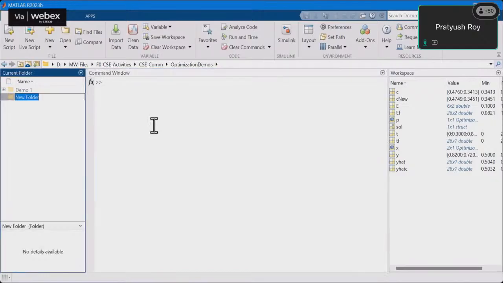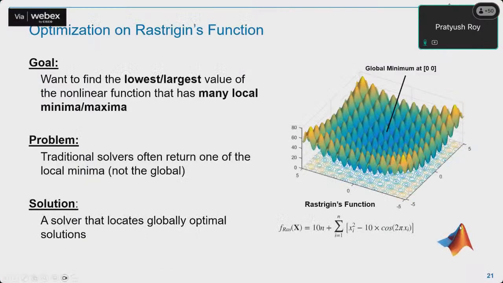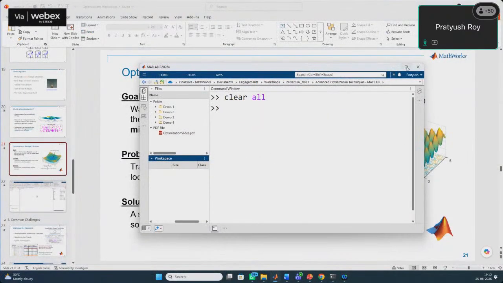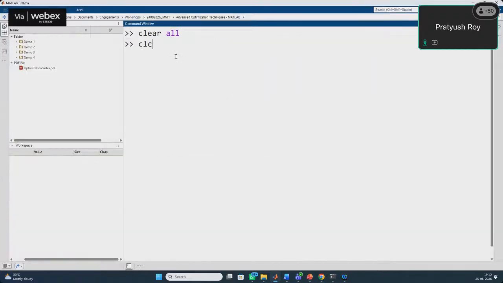Now what I'll do is show you how you can solve that problem by using another very popular technique, which is called particle swarm optimization. So let me actually go to MATLAB now and take you to the demo.